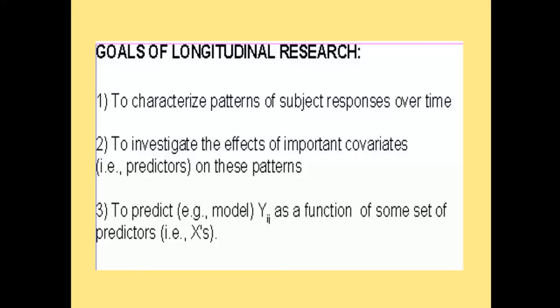The second statement says to investigate the effects of important covariates or predictors on these patterns. That is a more general statement. It doesn't depend upon whether it's longitudinal or correlated data. You basically want to do what you typically want to do in any research study with covariates.